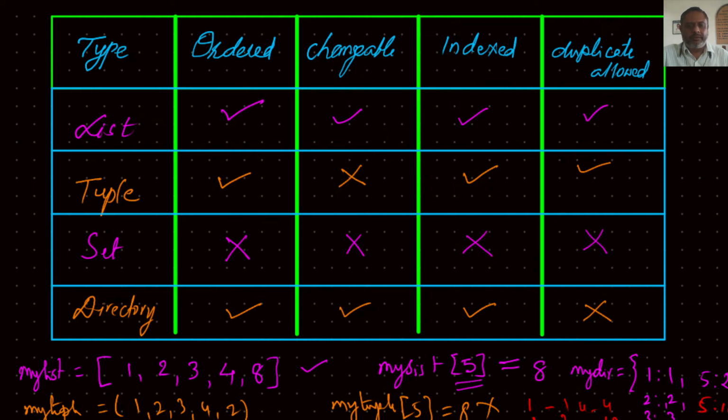When you talk about time, a list may take 0.1 second to retrieve, and a tuple would take 0.01. So almost 10 times more time is required for retrieval from a list. A tuple requires 10 times less time for retrieval.